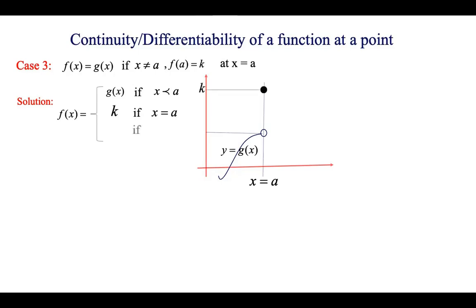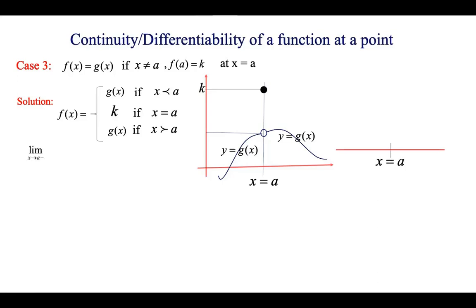And when x is greater than a, the function is given by the same piece, y equal to g of x. It is like this. Now you observe that in our style, the domain is taken. This is the point at x equal to a.